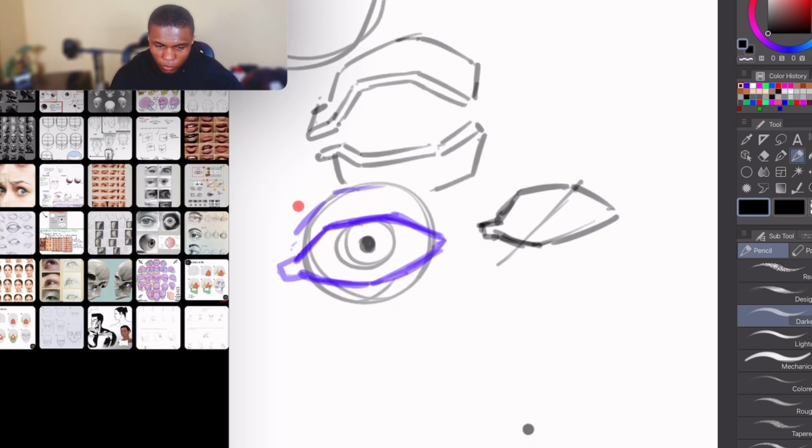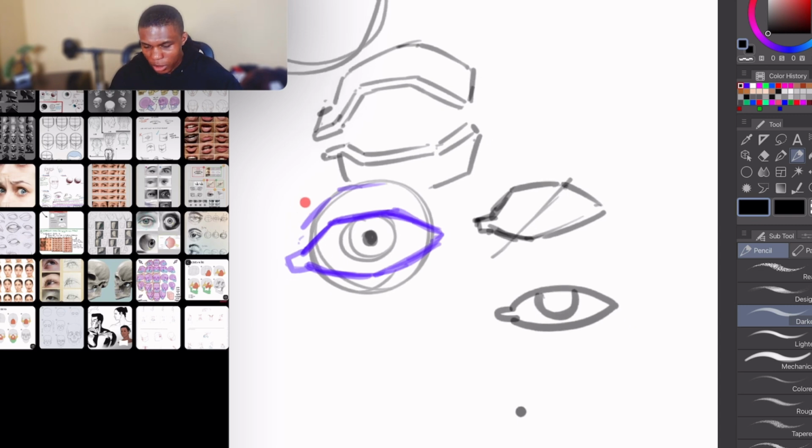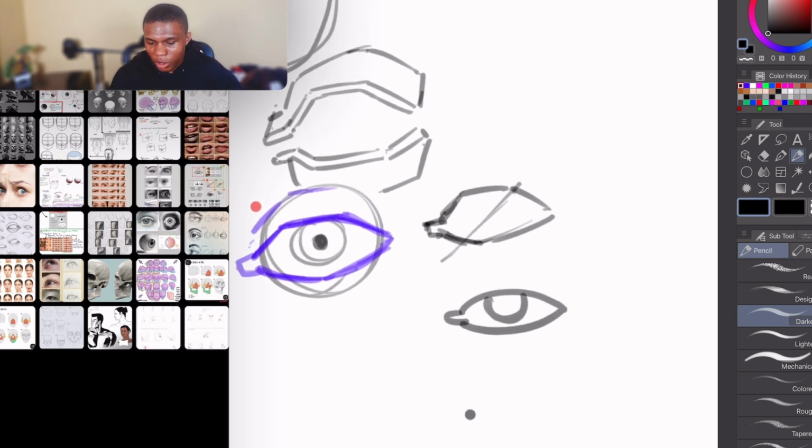So if you've been drawing your eye like this, obviously it's possible for some people to have eyes like this. You can upgrade from this level to this level and make it a bit more interesting by adding more planes. Here we have just one plane and another plane here. Of course, some people's eyes are like this, and there are instances where you draw this and it will work.